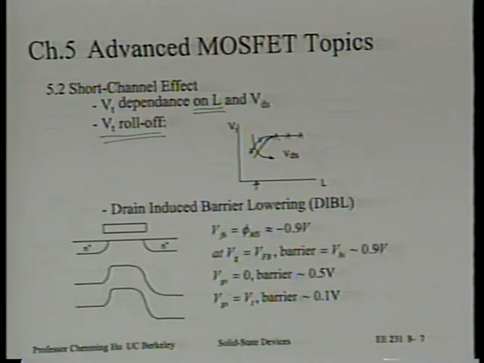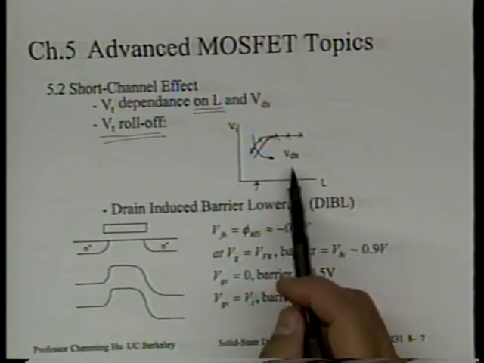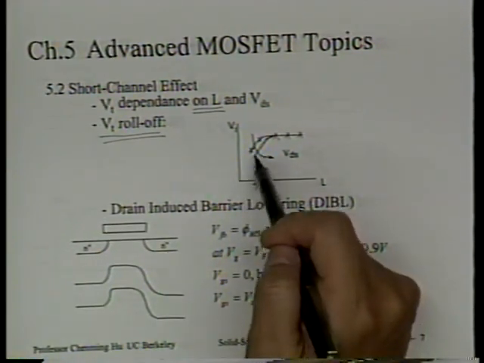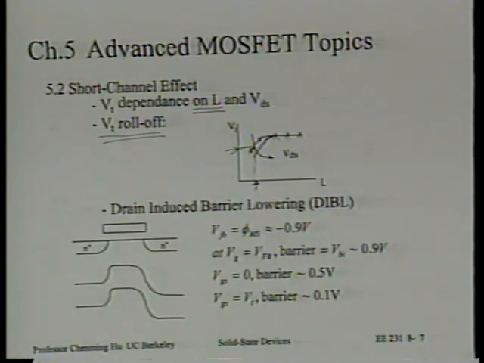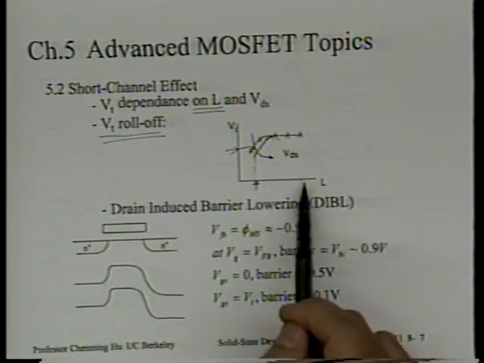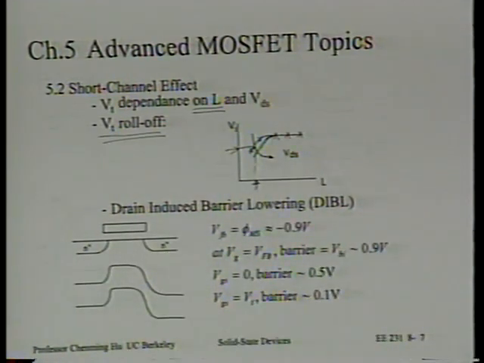And that is usually determined by this VT roll-off. And the performance spec it will not meet when the channel length is too small, turns out is what we just finished talking about, namely the subthreshold current. Because as channel length gets too small, VT gets too small, what happens to leakage current at VG equal to 0? Gets too large. Is that right?